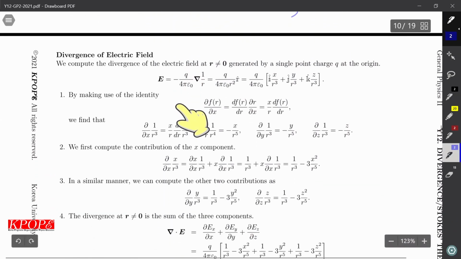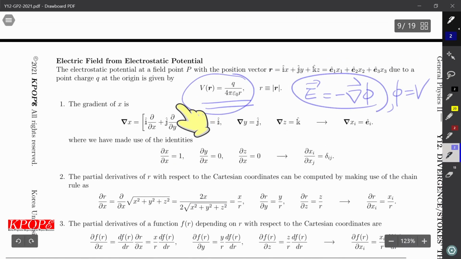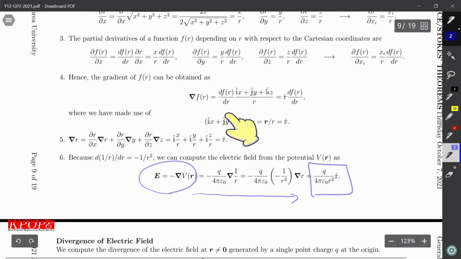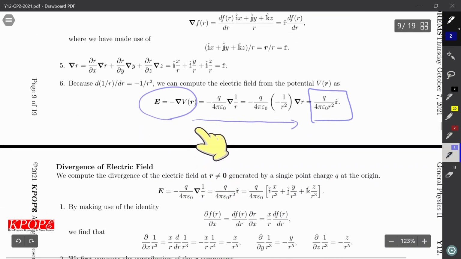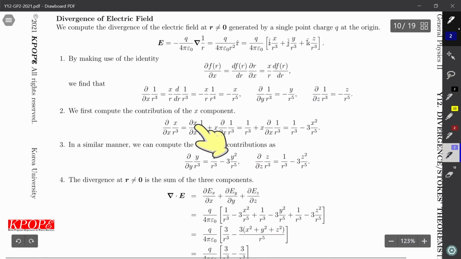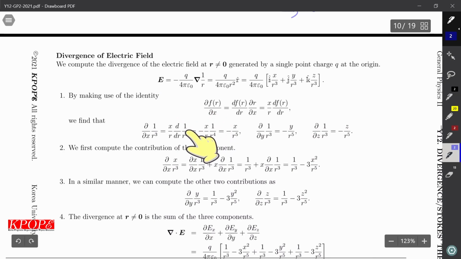The divergence of electric field. We first computed the gradient to find the electrostatic field from the electrostatic potential. Divergence of the electric field can be computed in such a way. Electric field is minus the gradient of potential, and we obtain this.